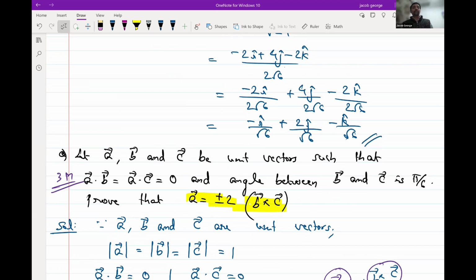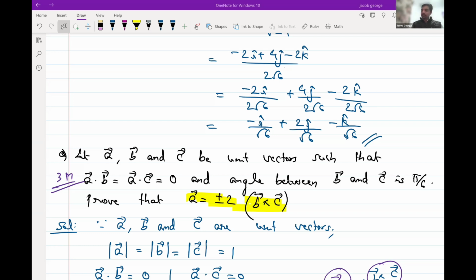Let vectors A, B, C be unit vectors such that A dot B is equal to A dot C is equal to 0, and the angle between vector B and vector C is pi by 6.